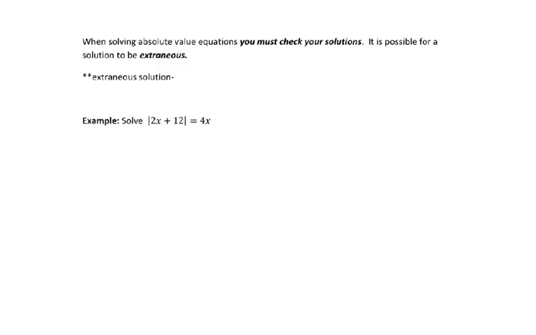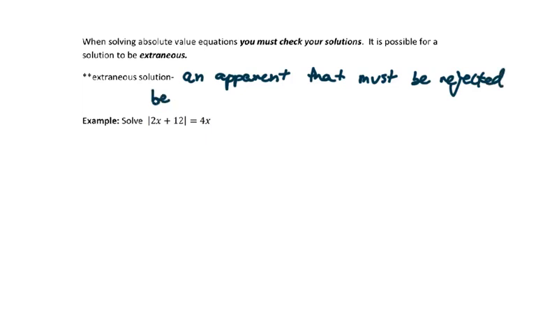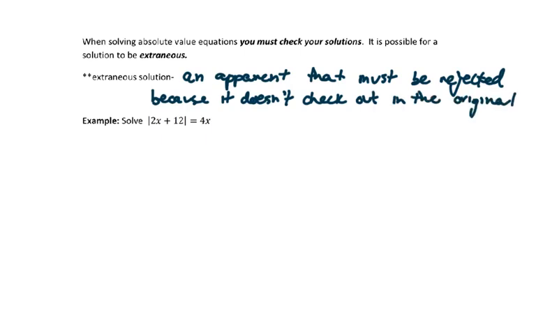See, the problem is sometimes we could have something called an extraneous solution. An extraneous solution is an apparent solution that must be rejected because it doesn't check out in the original equation.